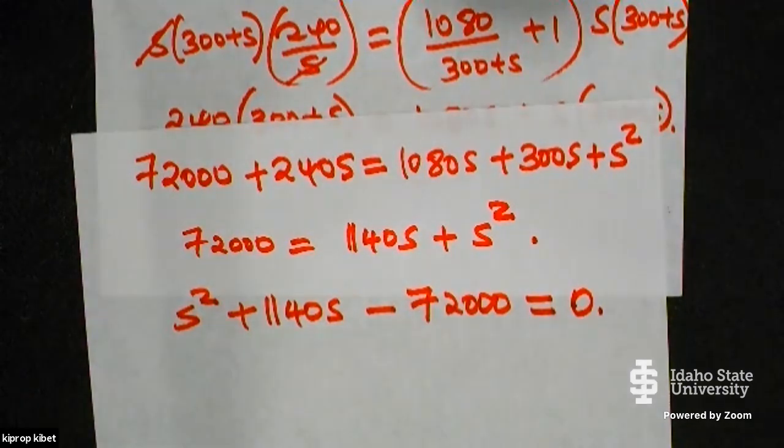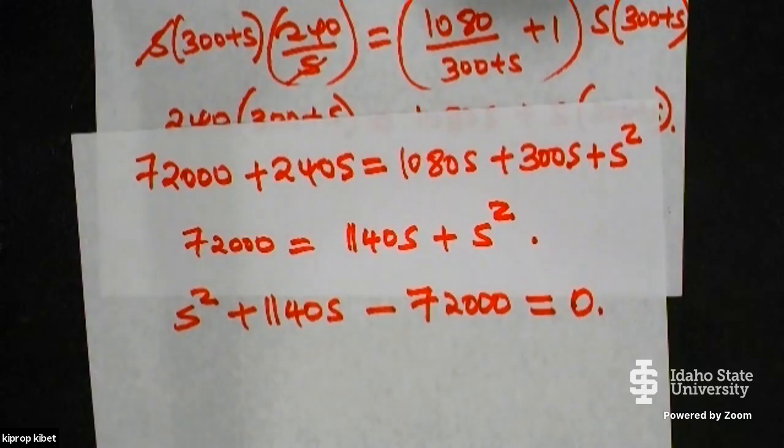So you use the AC method. You look for two numbers whose product is minus 72,000 and whose sum is 1140. So what are the two numbers? 60 and 1,200.